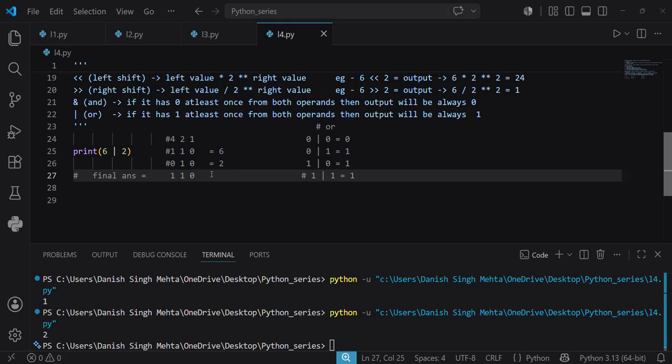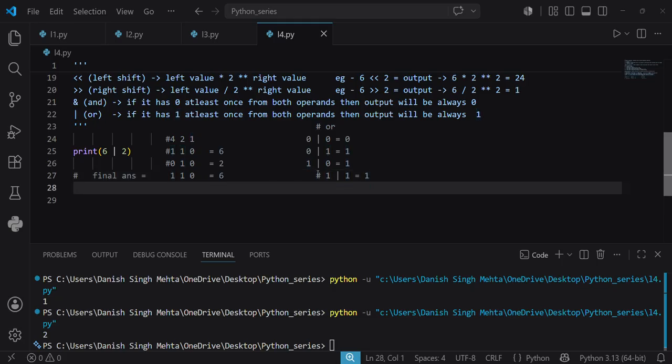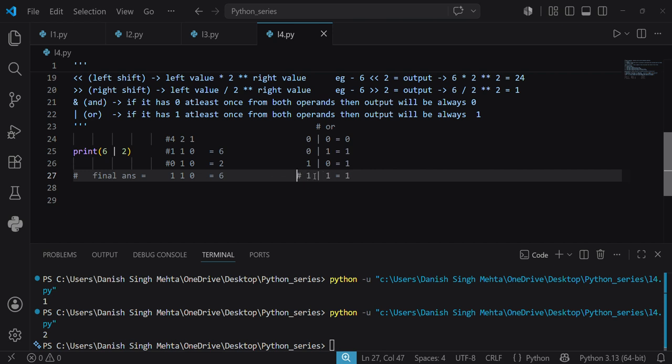So our final answer will be 6. It means that if we do the OR operator for 6 and 2, the answer will be 6. If I run print 6 or 2, the output is 6. So this is how the OR operator works.